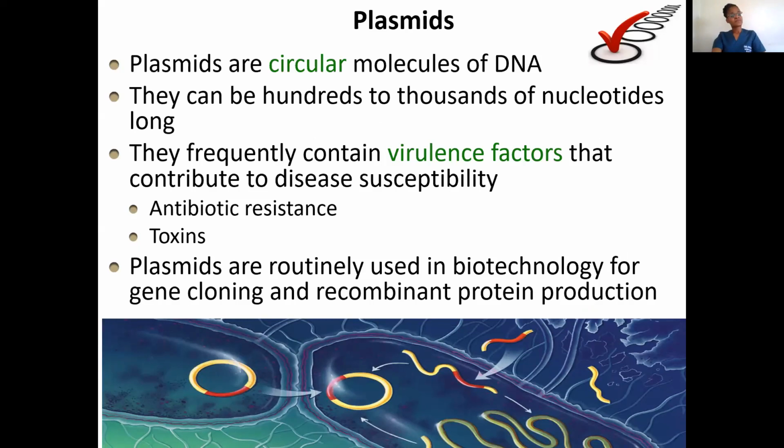So plasmids are basically circular molecules of DNA, and they are hundreds of thousands of nucleotides long. They often contain virulence factors that contribute to disease susceptibility. An example of these virulence factors, we have antibiotic resistance and toxins. And in biotechnology, we use these plasmids for gene cloning and recombinant protein production. I will explain in the next slides.